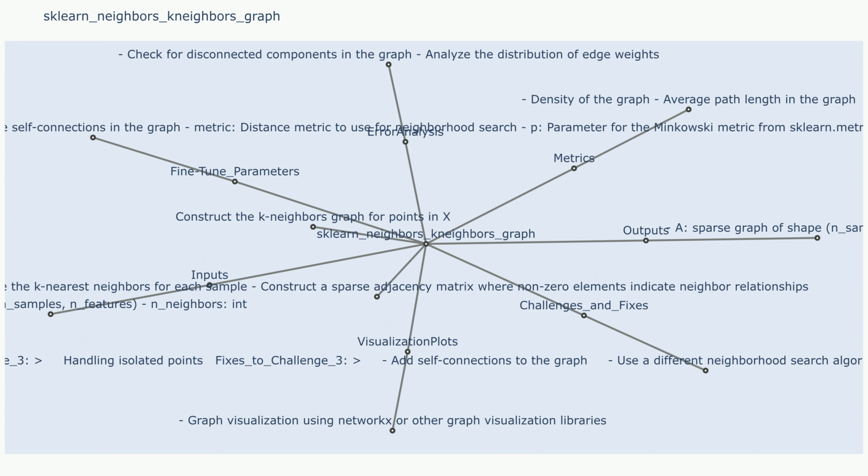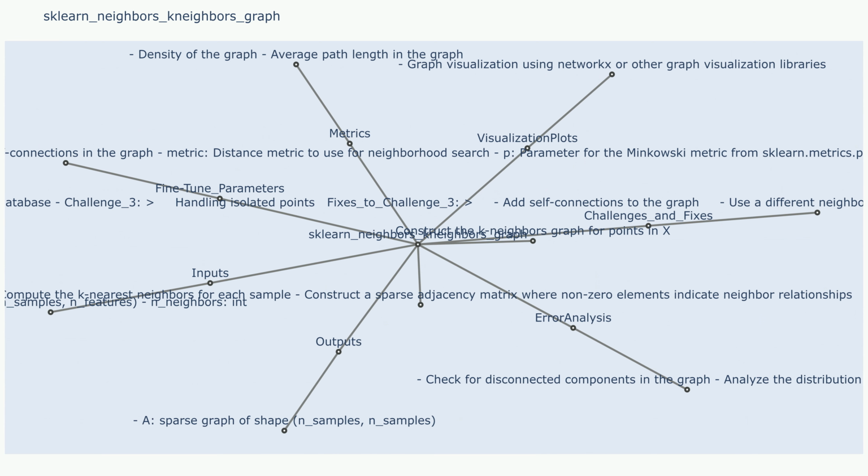Challenges and fixes. Challenge 1: choosing the appropriate distance metric can be challenging, as it directly impacts the neighborhood relationships and the resulting graph structure. Sample use case that resulted in challenge 1: when dealing with data containing both continuous and categorical features, using a single distance metric might not be optimal, leading to inaccurate neighbor assignments.